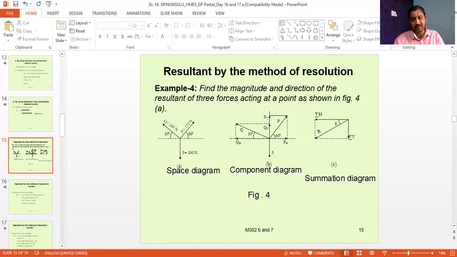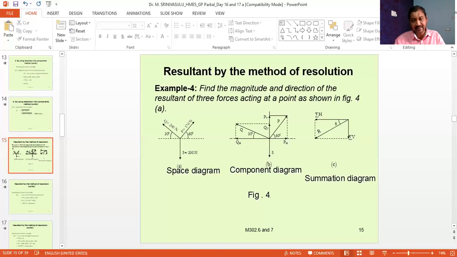So QH is equal to Q into cos 30, but it is acting leftwards, that is in the negative x direction, so it is taken to be negative. The vertical component of Q is equal to Q into sin 30, and it is acting vertically upwards, so it is positive.